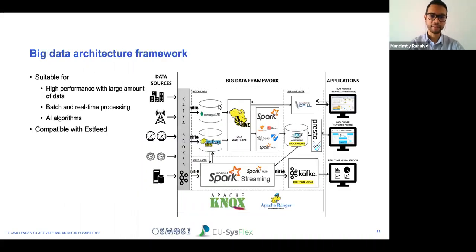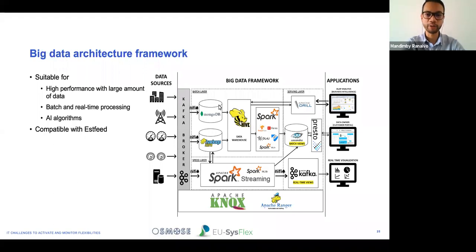So as I said, we have chosen the previous two IT tools for fast and agile development. But also, if you consider a very large amount of data in terms of big data, and you want high performance, we have also developed a big data architecture framework that can support batch and real-time processing of very large amounts of data, and on which we can run AI algorithms.